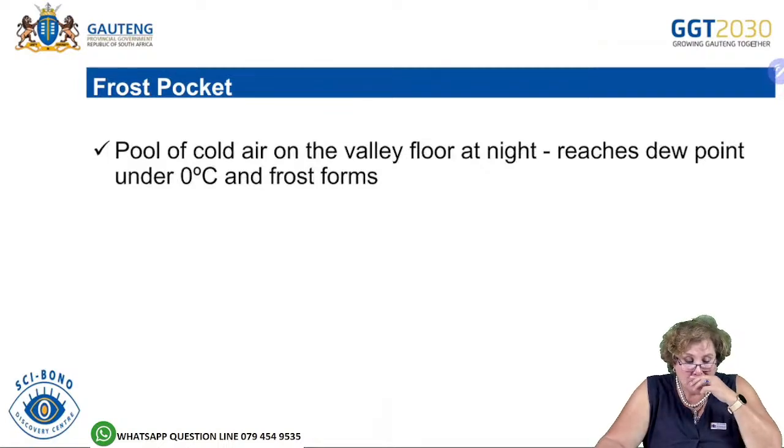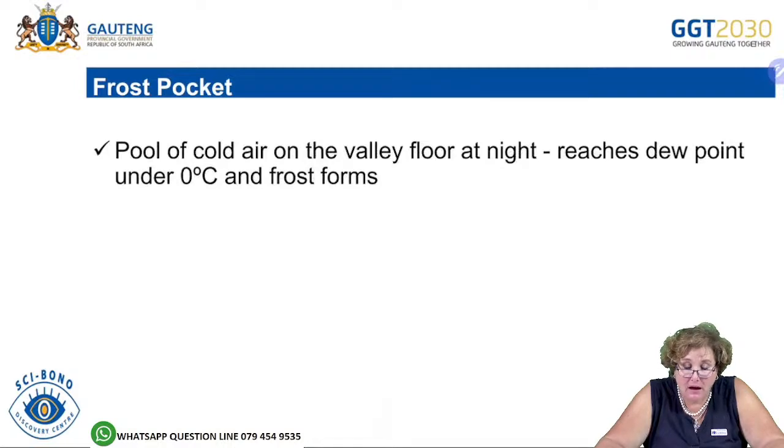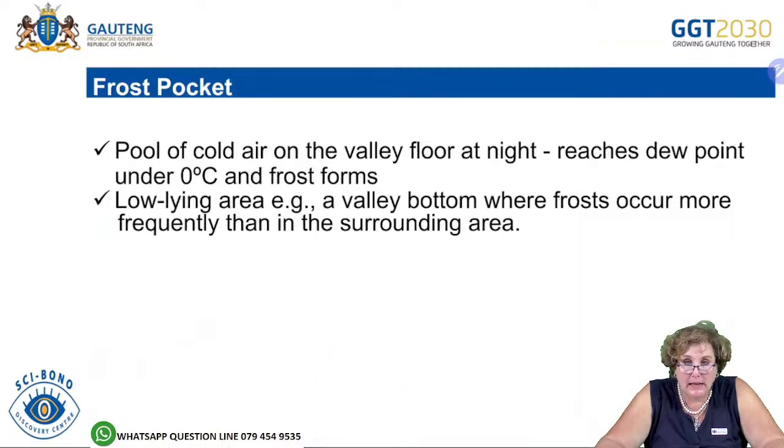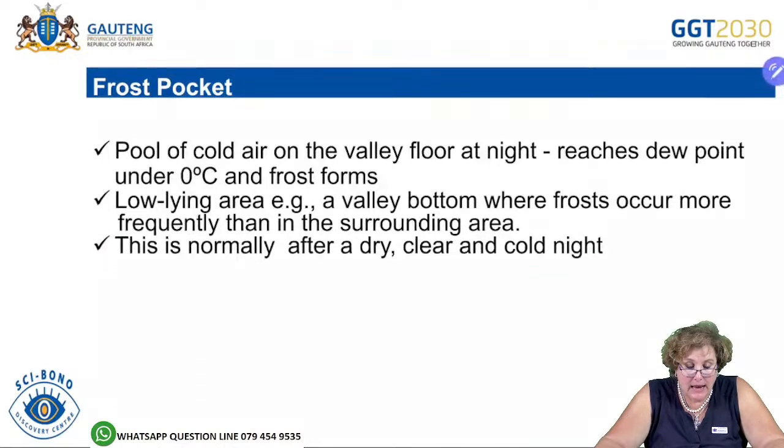Now a frost pocket is a pool of cold air on the valley floor at night, which can reach dew point temperature below 0 degrees Celsius. And if I have that, I have frost. It's a low-lying area, for example the valley bottom, where frost occurs more frequently than in the surrounding area.